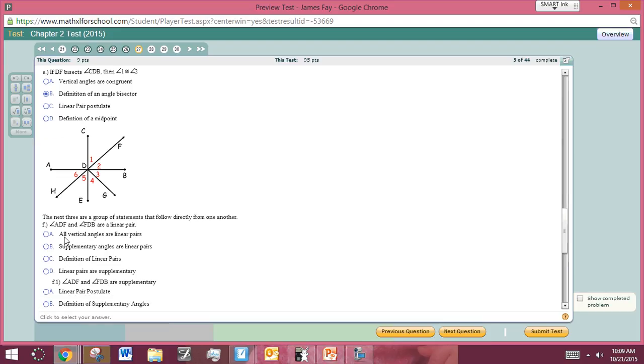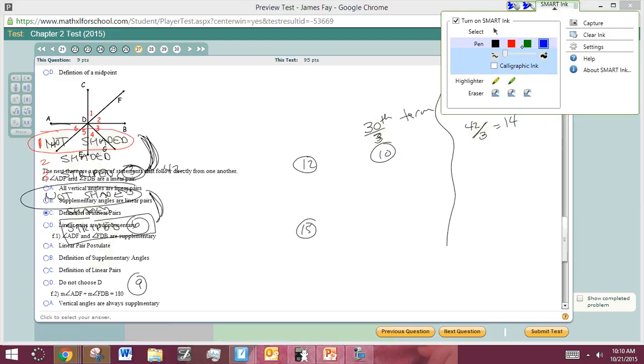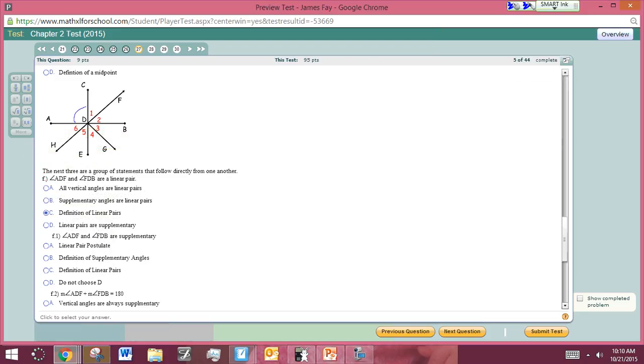Here, I told you this part, F, was the definition of linear pairs. I just gave that to you. Now I want F1: ADF and FDB are supplementary. ADF is that angle there, and then we add to it FDB.